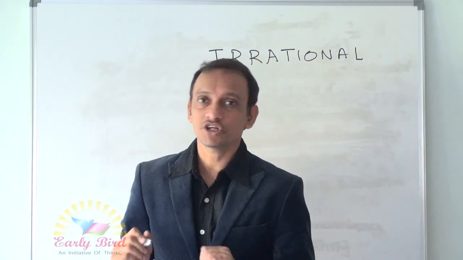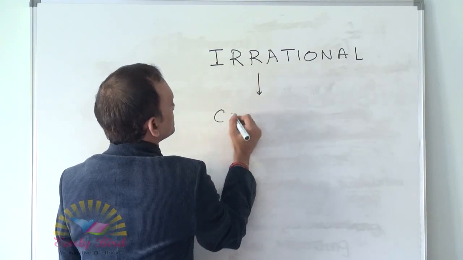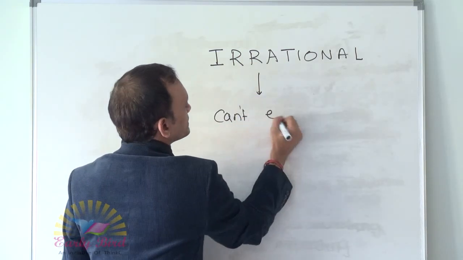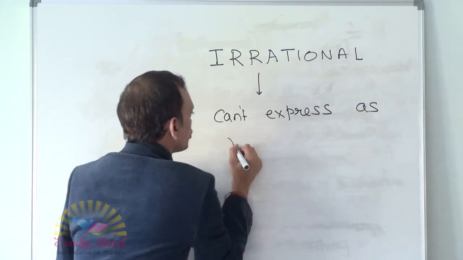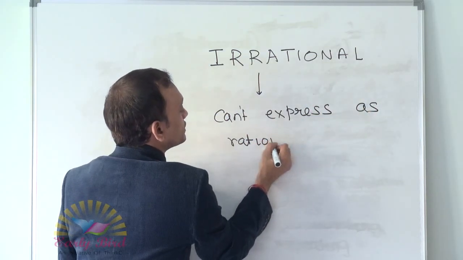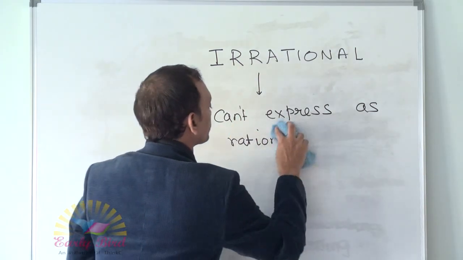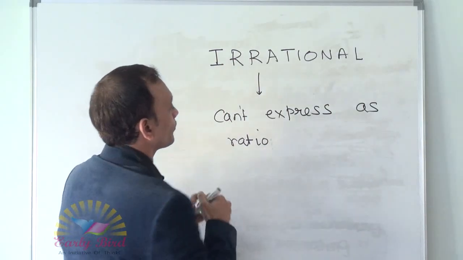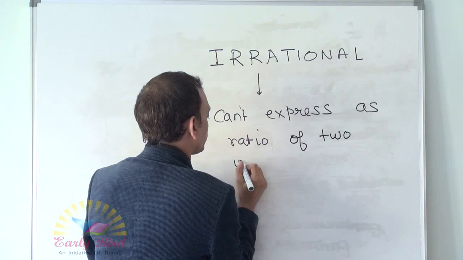So, essentially, an irrational number cannot be expressed as a ratio of two integers.